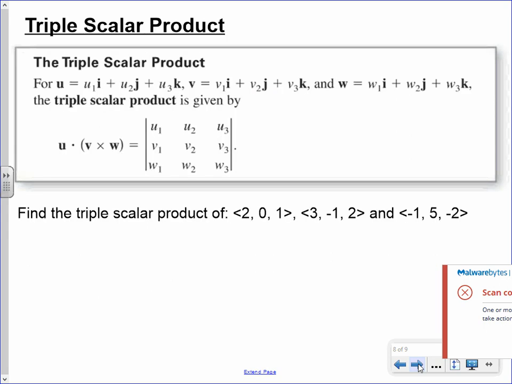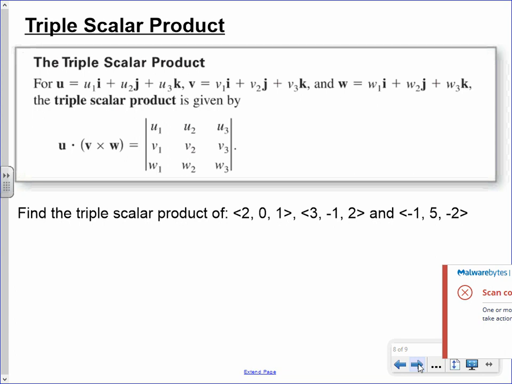So, if I'm taking a triple scalar product, U dot V cross W, take a time out, don't write for a moment. Let's think about this. V cross W gives us a vector. Vector dot vector gives us a scalar.